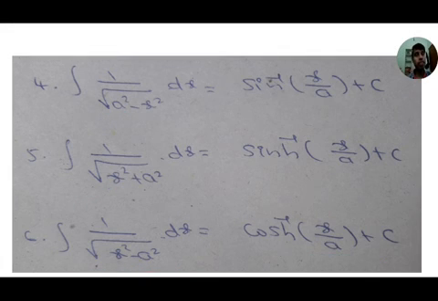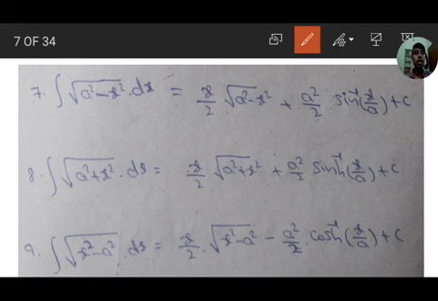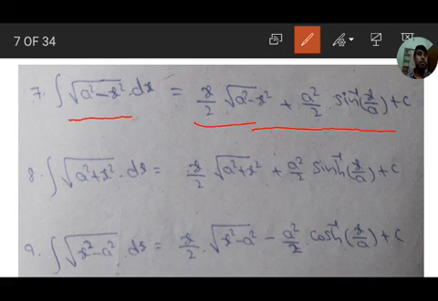And the remaining 3 formulas. Integration square root of a square minus x square dx equal to x by 2 into square root of a square minus x square plus a square by 2 into sin inverse x by a plus c.